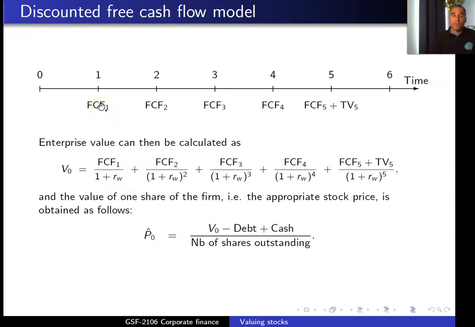So free cash flow is a cash flow where a fraction of it belongs to debt holders and a fraction of it belongs to shareholders, so it has to be discounted at the weighted average cost of capital. So FCF1 discounted over 1 year, FCF2 discounted over 2 years, FCF3 discounted over 3 years, and so on. That gives us enterprise value V0.